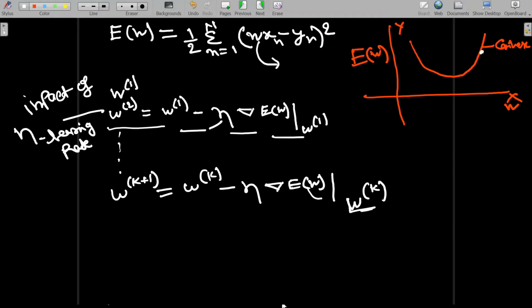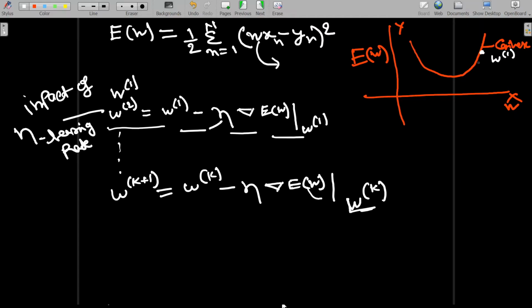First of all, let's see the actual meaning of moving in the negative direction of its gradient. What is the actual meaning in 2 dimensions, because in 3 dimensions we cannot clearly visualize it. So I am just explaining in a simplistic manner. What this algorithm is saying is: take the initial point, which is W1, and move at eta step in the negative direction of its gradient.